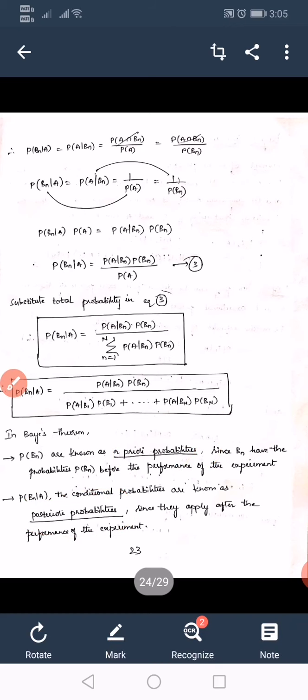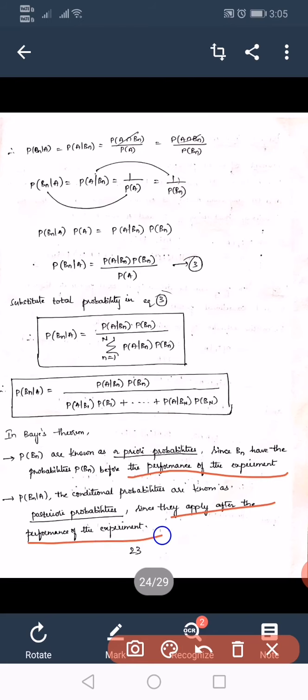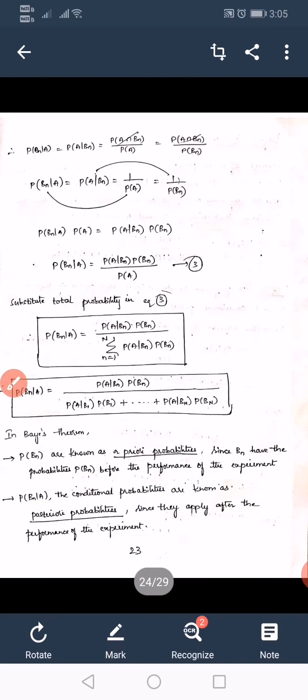Prior probability means the probability defined before the performance of the experiment, and posterior probability means the probability we define after performing the experiment. The best example of prior probability is tossing a coin.